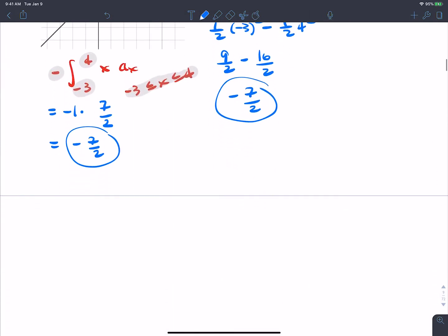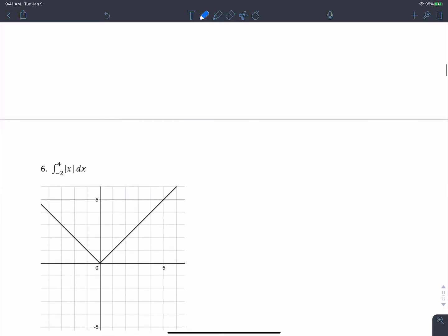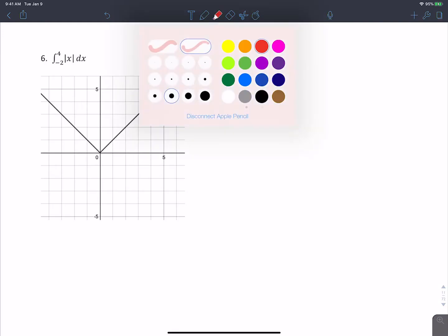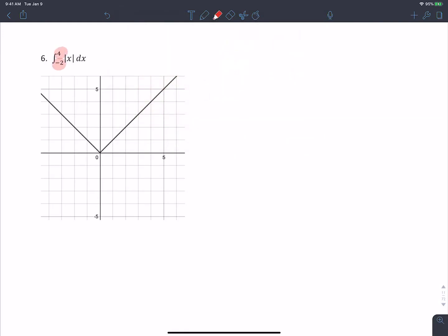Okay. Let's look at the next one. I want to kind of give you guys that property here. The next one here, if we notice, our limits now again, -2 to 4. Is that a true statement? Is that how we really write our intervals, from -2 to +4? Okay. So we don't have to switch those limits and put a negative sign. So all is well.